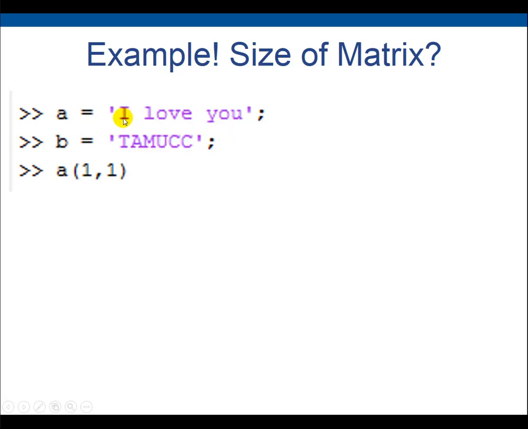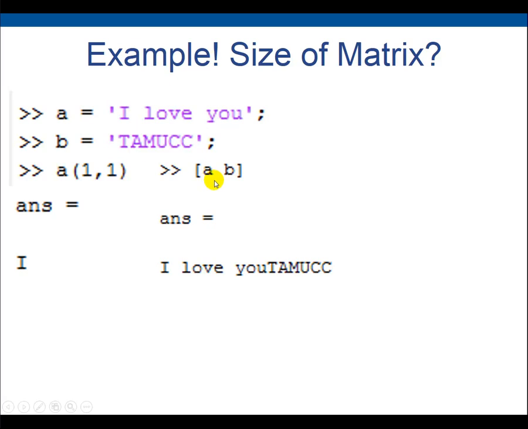Counting 1, 2, 3, 4, 5, 6, 7, 8, 9, 10, this is actually a 1 by 10 size matrix, because each character takes one space. So for (1,1), the answer is just I. The first 1 is the first row and the second 1 is the first column, right? So first row, first column is I.